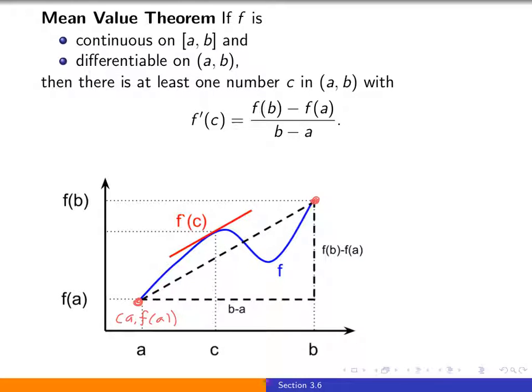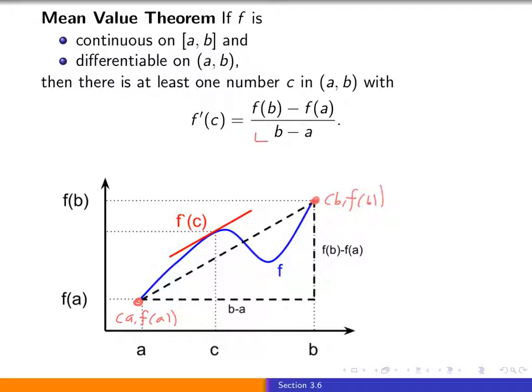Corresponding to b, we have the point on our graph, b comma f of b. And if we look at the expression f of b minus f of a, the rise, over b minus a, the run, that would be the slope of the secant line connecting those 2 points.